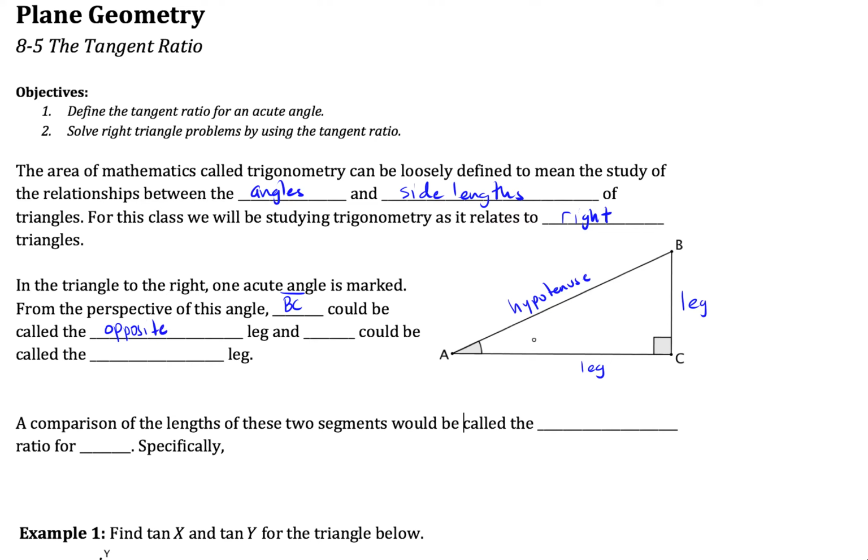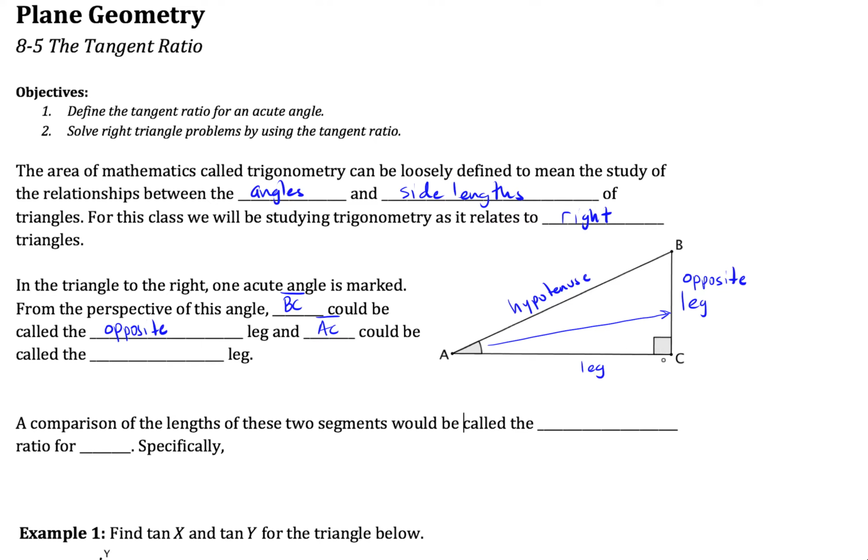The reason is we're looking at angle A, and we've dealt with the idea of sides that are opposite angles before. From the perspective of angle A, segment BC is opposite angle A, so we are going to call it the opposite leg.